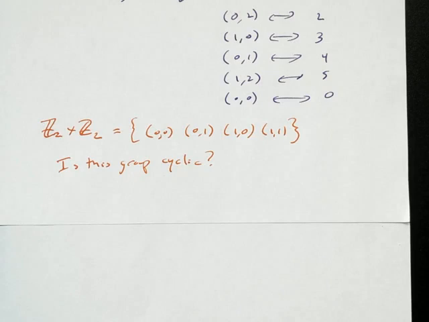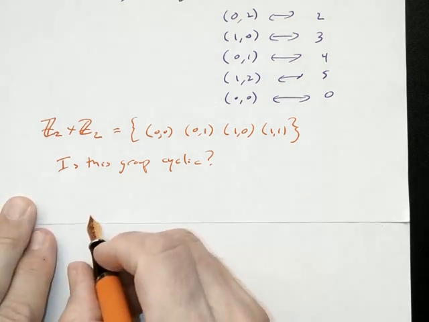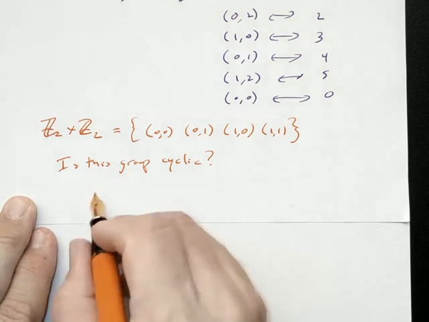What's your generator? Same as the last one, 0, 1. Well, the last one was 1, 1. 1, 1, sorry. So let's use 1, 1.